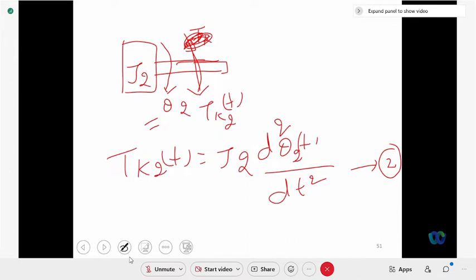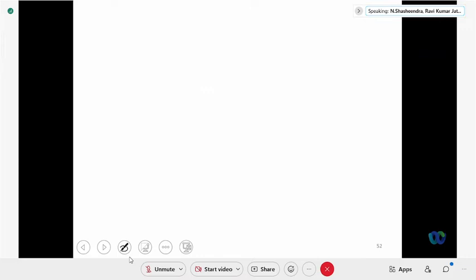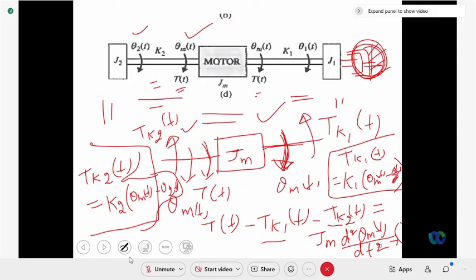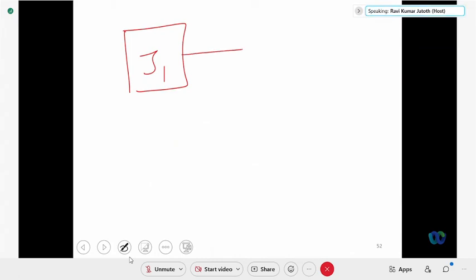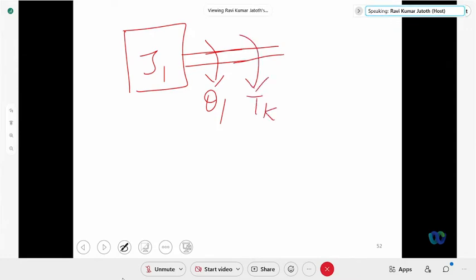All right. Yes, sir. And J1. So now for J1, will Tk1 be downward direction or upward direction? So here J1, theta 1 is downward direction. Correct? So Tk1 of t is also downward direction, right?